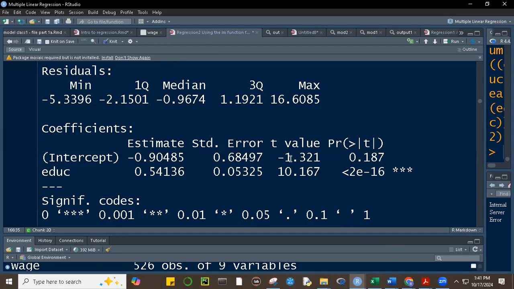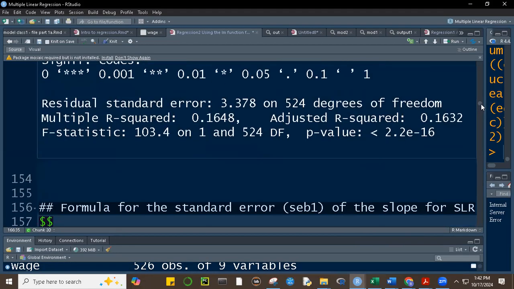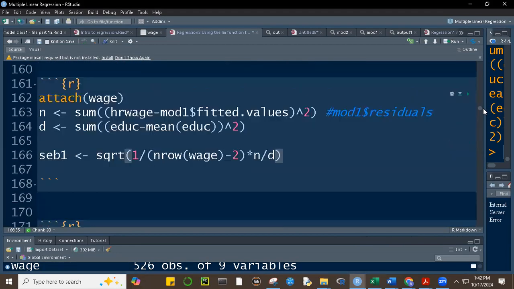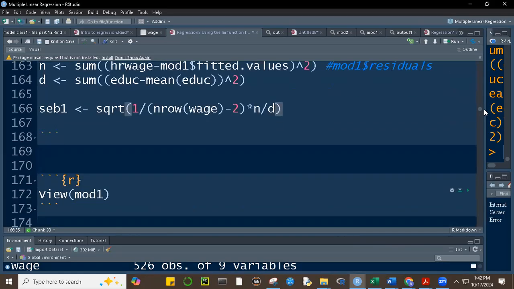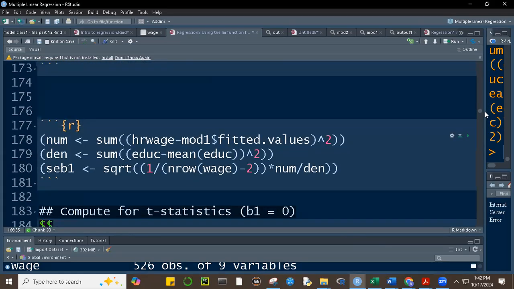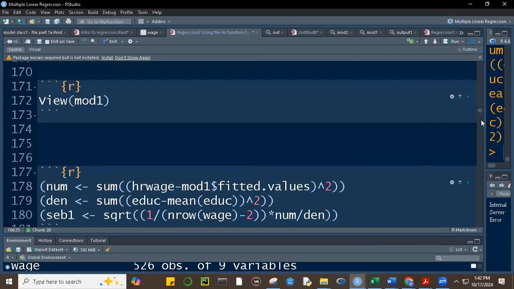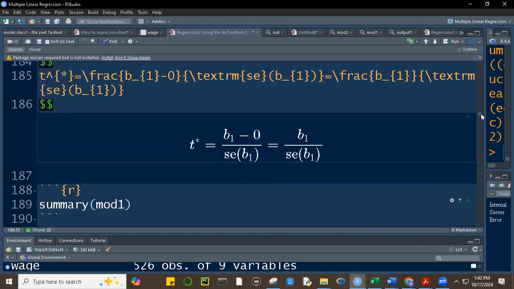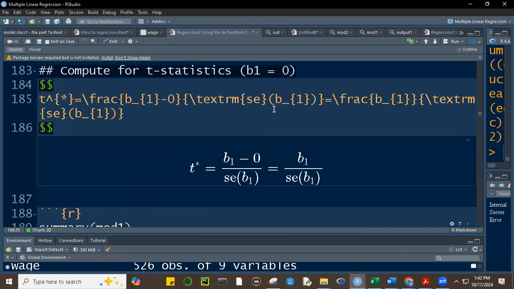Next, class. The t-value is simply the quotient of your beta and your standard error. So this one divided by this one will give us your t-value. So let's quickly do that. Here, same thing, numerator, denominator. Let me share this with you.